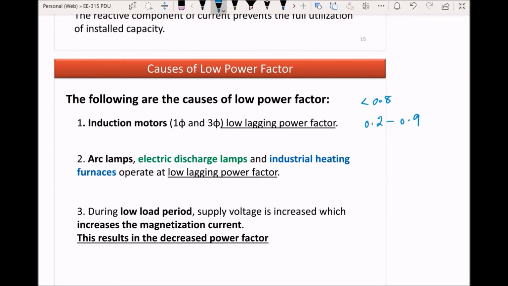And the last point is when we have a varying load on a network, which becomes high during the morning and in the evening and stays low during the day.